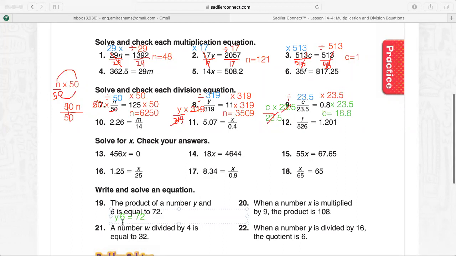So it is y and 6 is equal to 72. I can write y dot 6, or I can write 6y is equal to 72, or 6 dot y is equal to 72, or 6 multiply y is equal to 72.